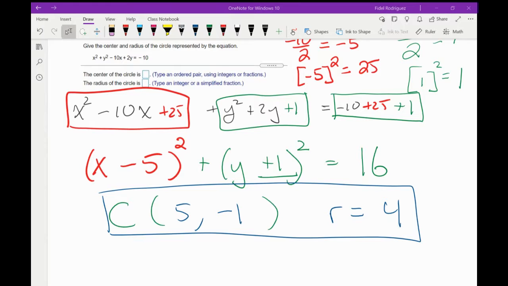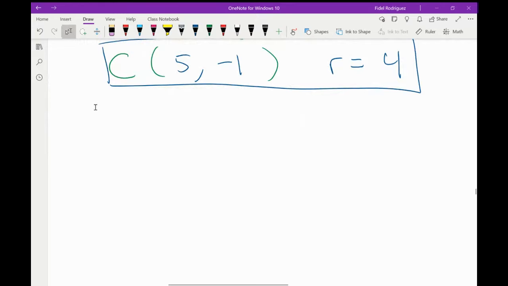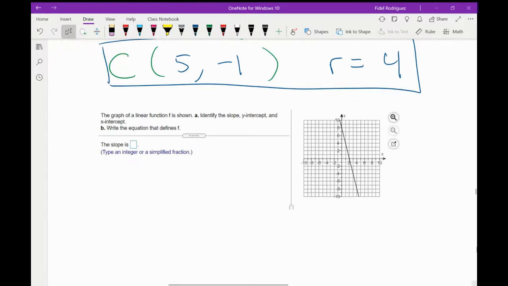Okay. So let me see if I can do it this way.